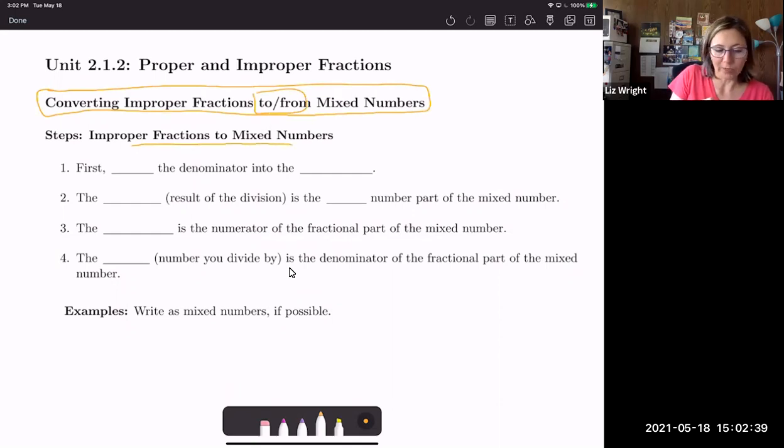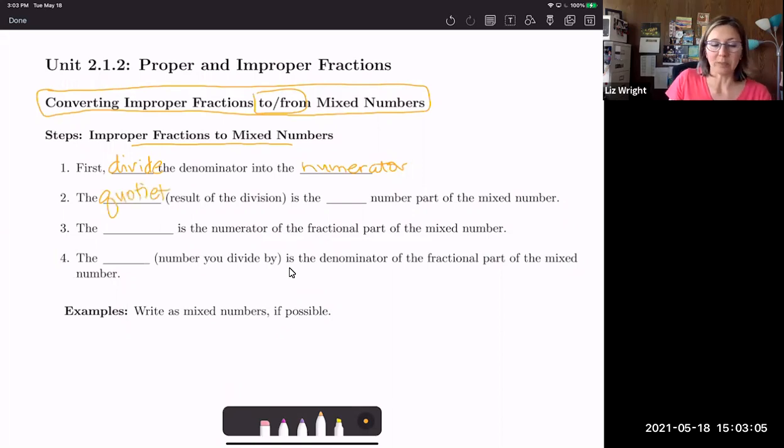So first, we are going to divide the denominator into the numerator. So that's bottom number goes into the top number. Then the quotient, so here's some vocabulary if you haven't done this in a while.